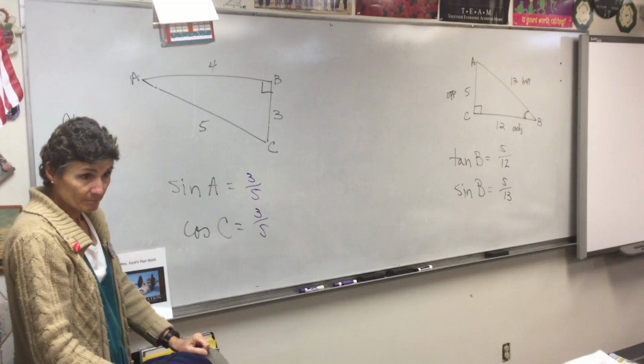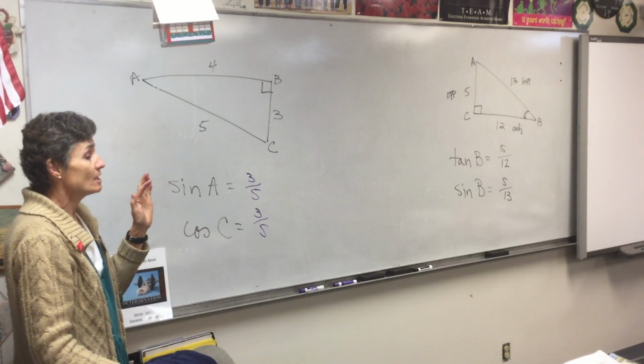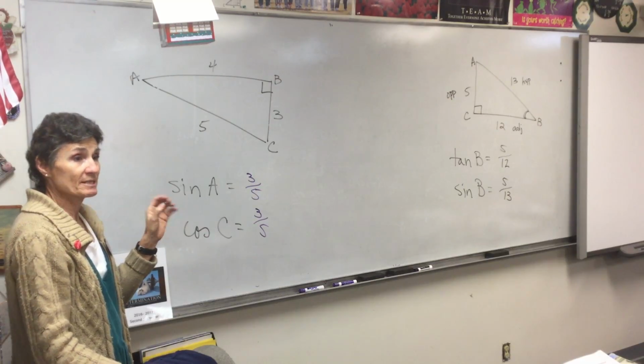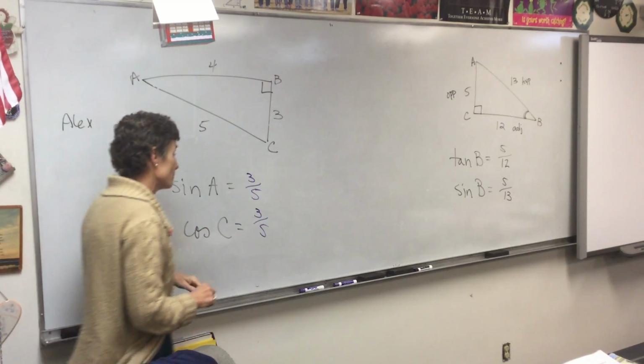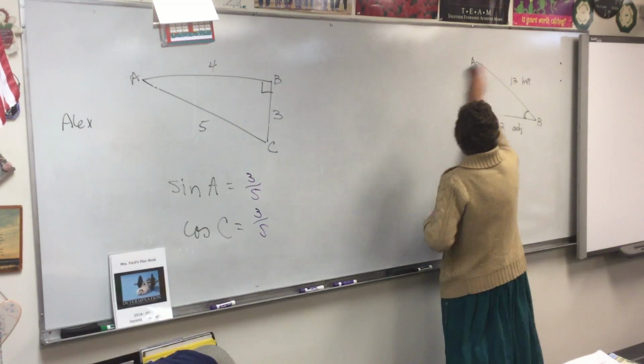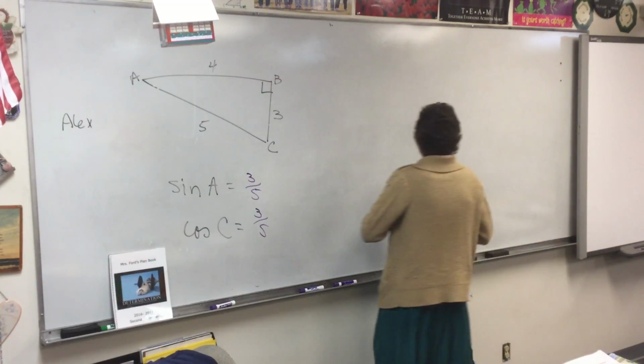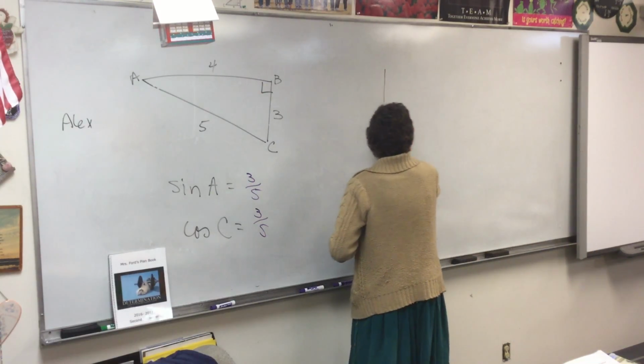You okay with that? All right, so that's the first thing we got to have memorized, is this whole notion of Sohcahtoa, what's opposite, what's adjacent, and all that stuff. All right, another thing that we have to have memorized is the idea of the special right triangles.